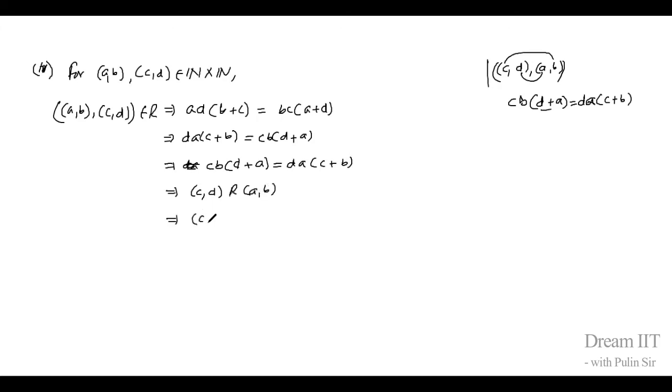That means (C, D), (A, B) is belonging to R, right? So we got the reverse. Therefore, R is symmetric. Please see that. Please see this.